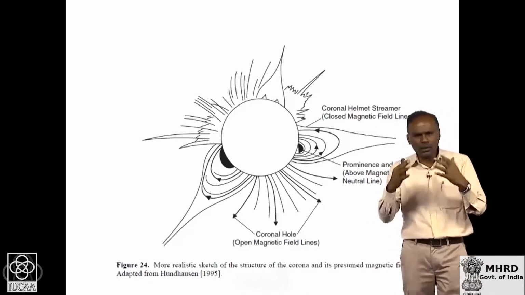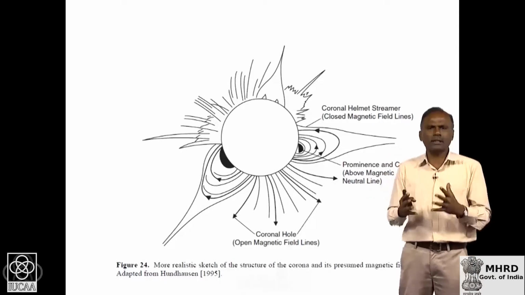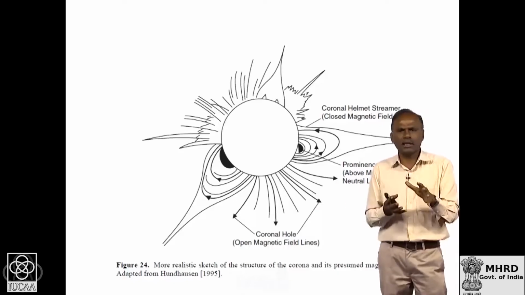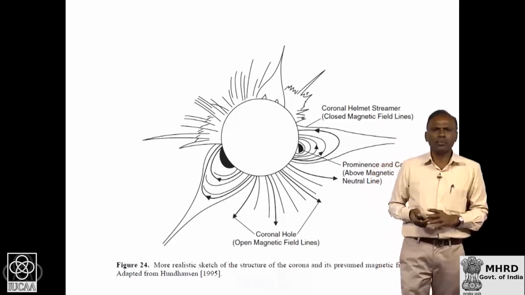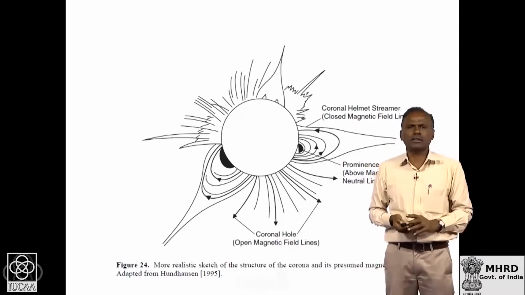So, the corona itself changes from nearly spherically symmetric at the maximum phase to some kind of ellipsoidal shape at the minimum. In between we see varying structures of the corona.